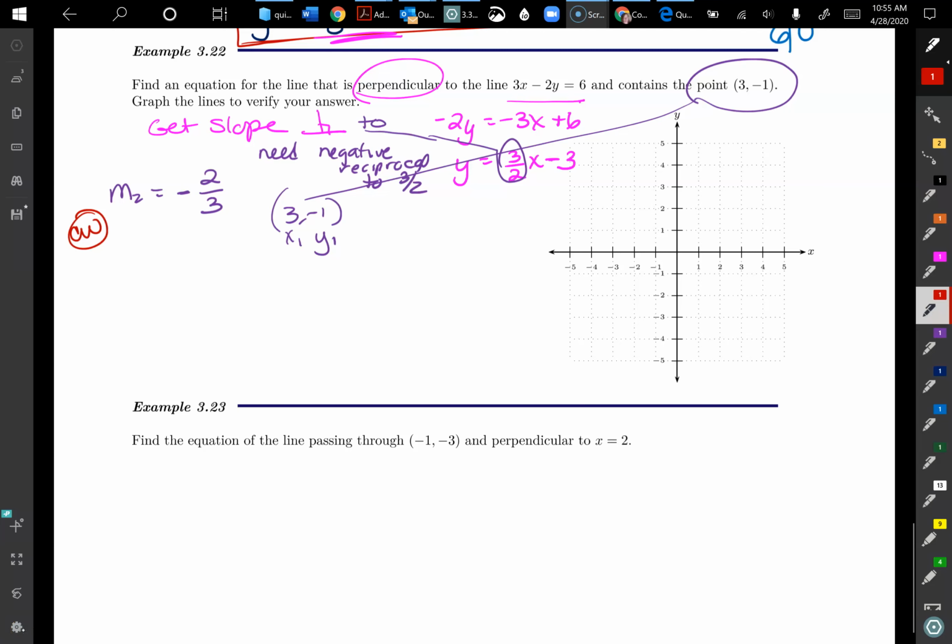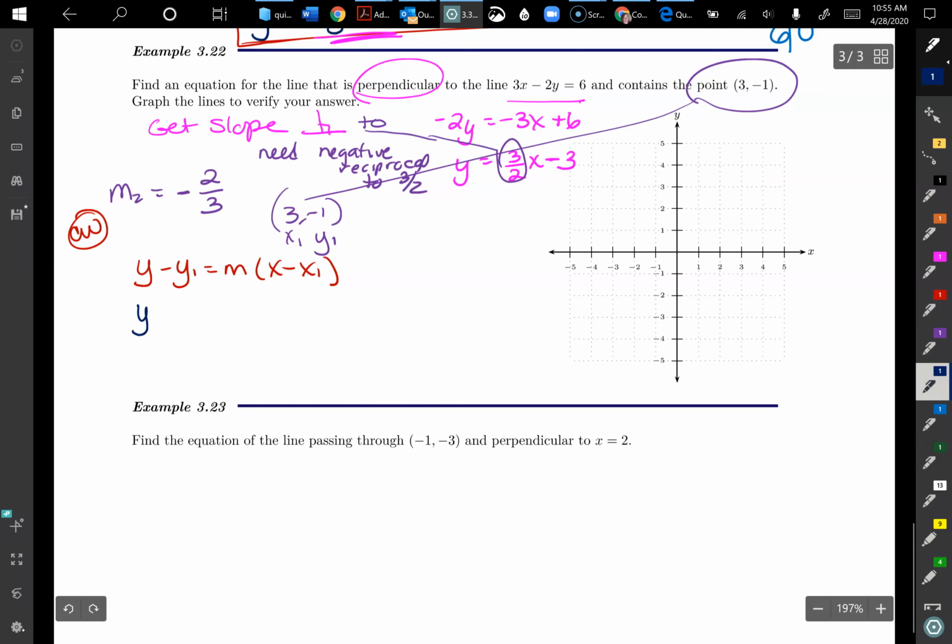Okay, so we have y minus y1 equals m times x minus x1. We're going to plug in our values. We get y minus -1 equals -2/3 times x minus x1, which is 3. And here I'm going to add those.